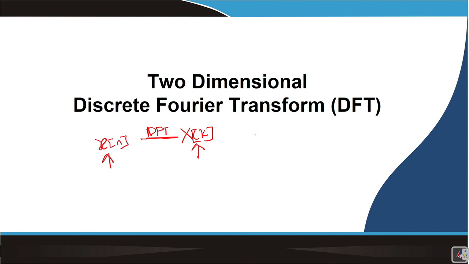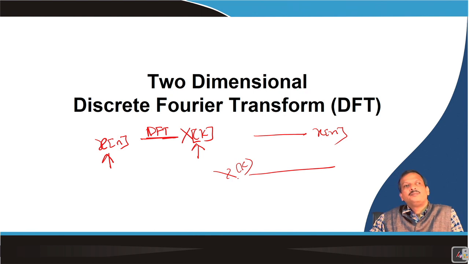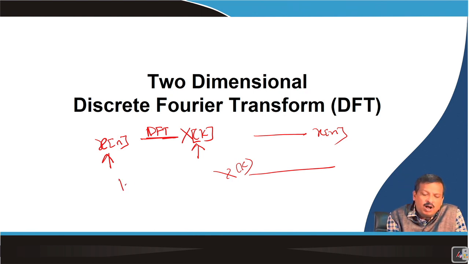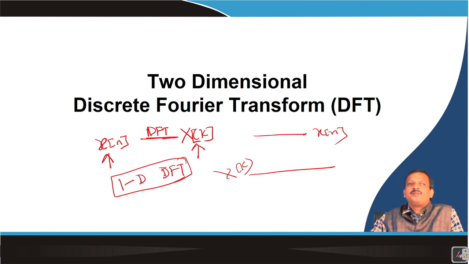I give a sequence, I get a sequence. Small x n is a sequence, and capital X k is also a sequence. That is called the 1D, one dimensional discrete Fourier transform, 1DFT.